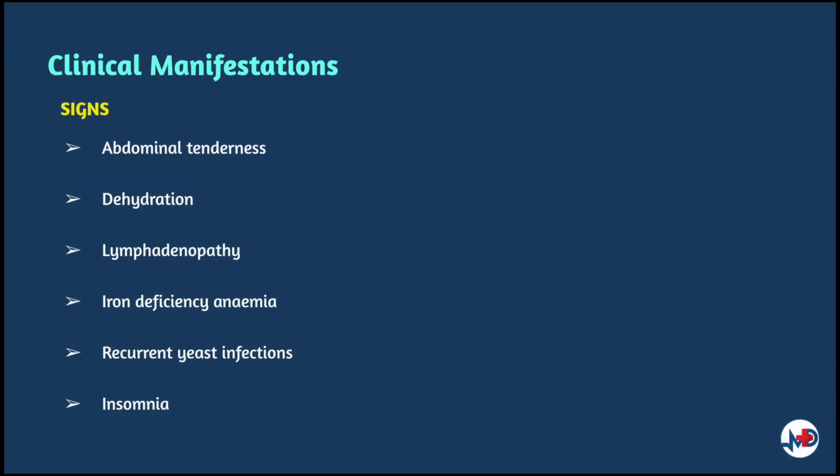Some of the most common signs of a parasitic infection include abdominal tenderness, dehydration, lymphadenopathy, iron deficiency anemia, having recurrent yeast infections, and also insomnia.